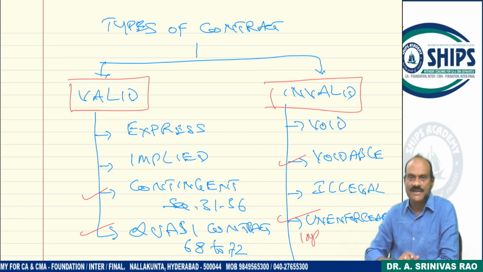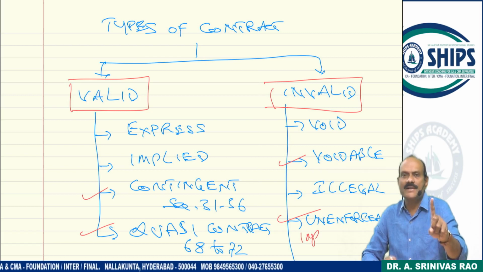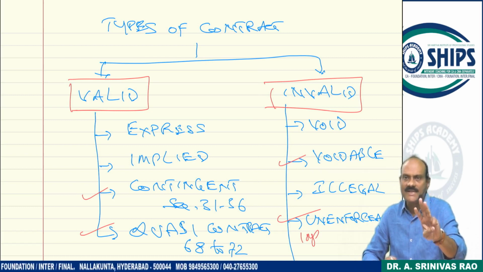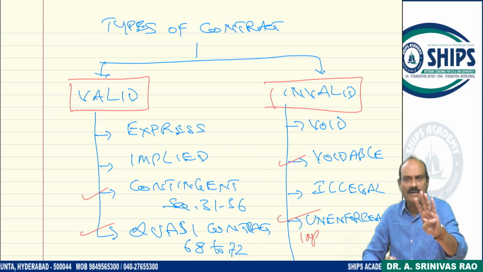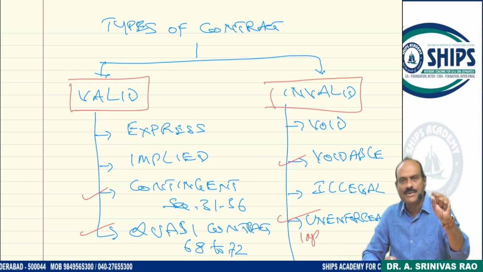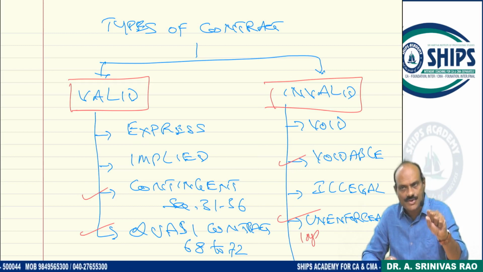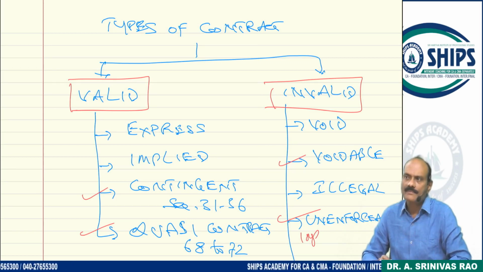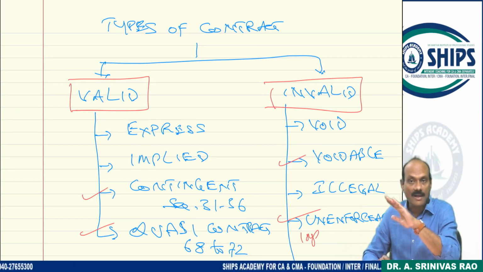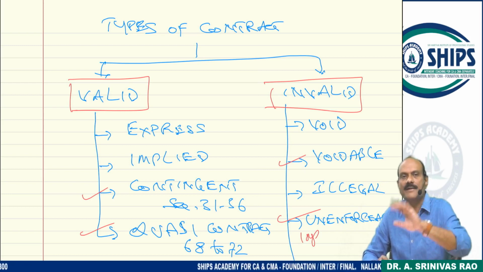All 10 points are satisfied, like offer and acceptance, consideration, capacity, free consent, lawful object, certainty, possibility of the performance, writing and registration, not declared as void, intention to create a legal relationship. If all essentials are satisfied, valid. If any one condition is not satisfied, invalid.